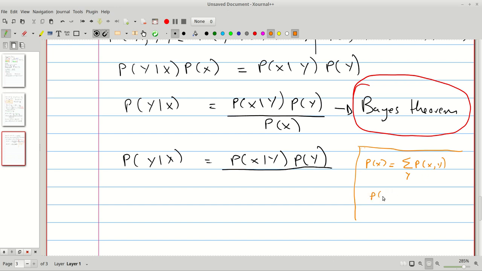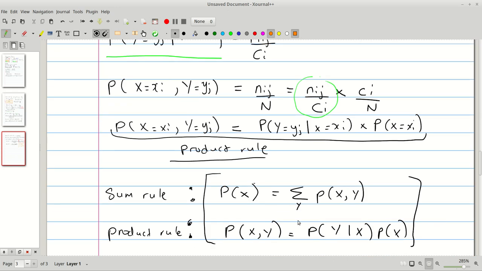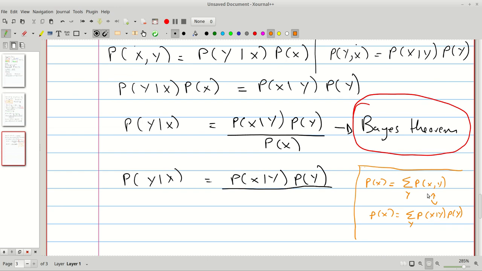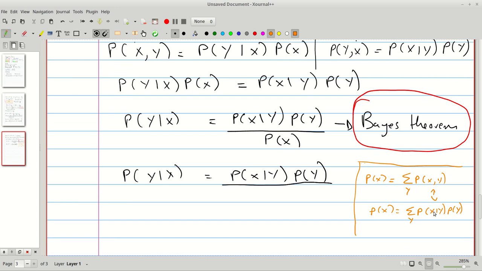So this probability of x is equal to the summation over y of, what is this here, x given y times the probability of y. Why do we say this? Because this and this are the same. It's the product rule for y given x times p of x. So that's what we're applying here, x given y times p of y. So we apply the sum rule, and we apply the product rule.